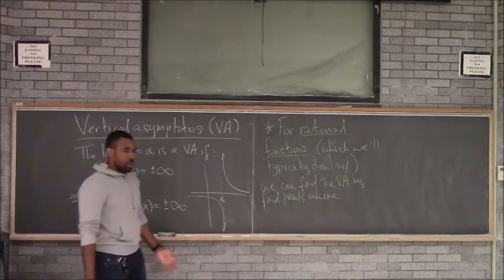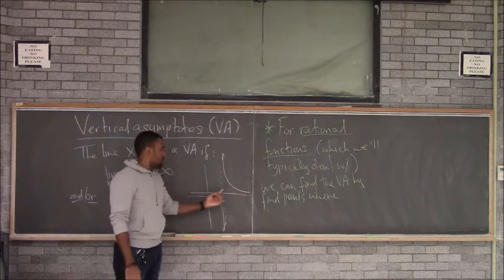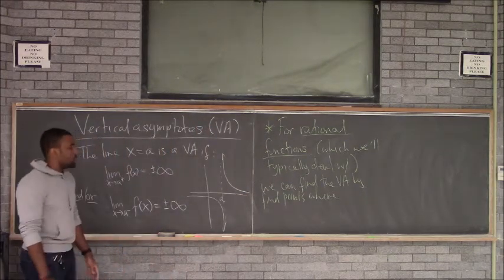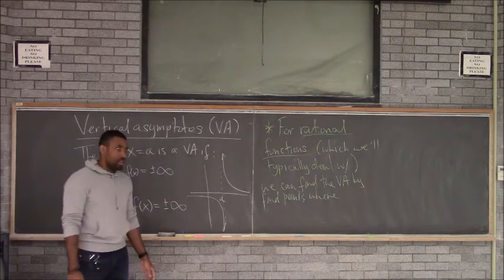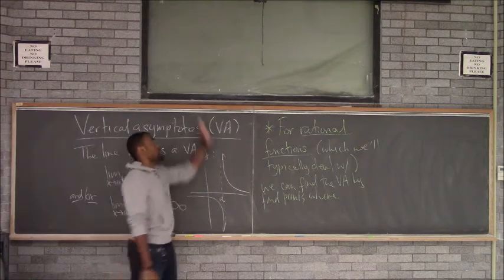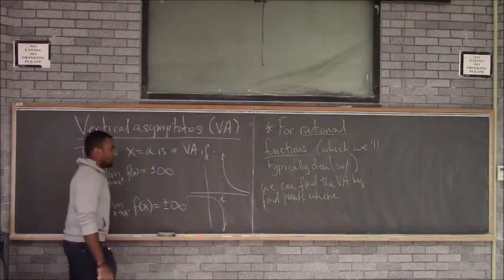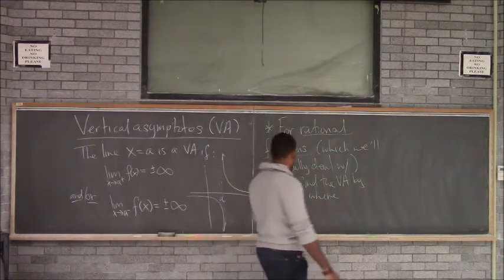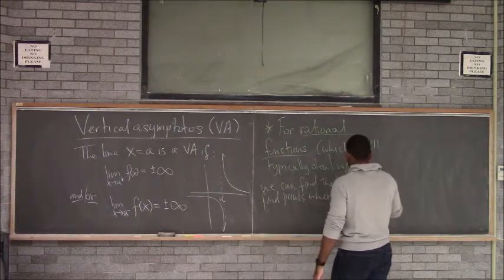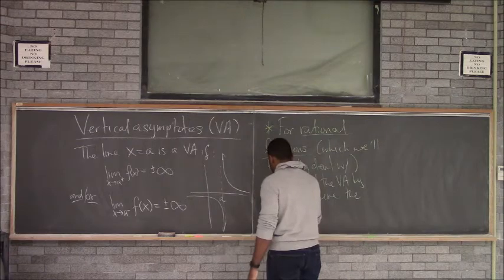So, some x value where the thing will shoot off to infinity. That should remind you that if you touch that line, there's going to be a division by 0 or something like that. So we can't touch that line. We have to really avoid it, right? So that is for rational functions where we'll be focusing on where the denominator equals 0.